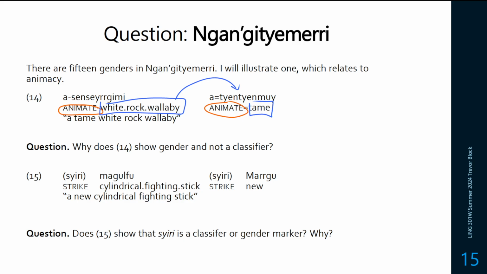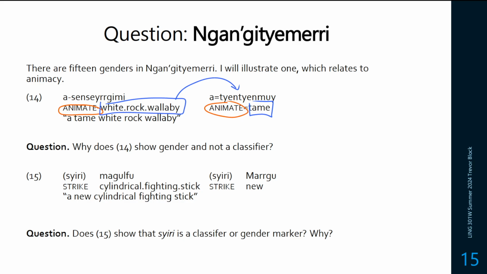So that's why we have gender here. We're forcing something similar. We're not changing the meaning of White Rock Wallaby to be something like White Rock Wallaby and then a classifier with, I don't know, round to mean like a chubby one. That's not what we're doing here. The animacy marker is appearing on both because White Rock Wallaby is animate, therefore the adjective must also change to be animate.